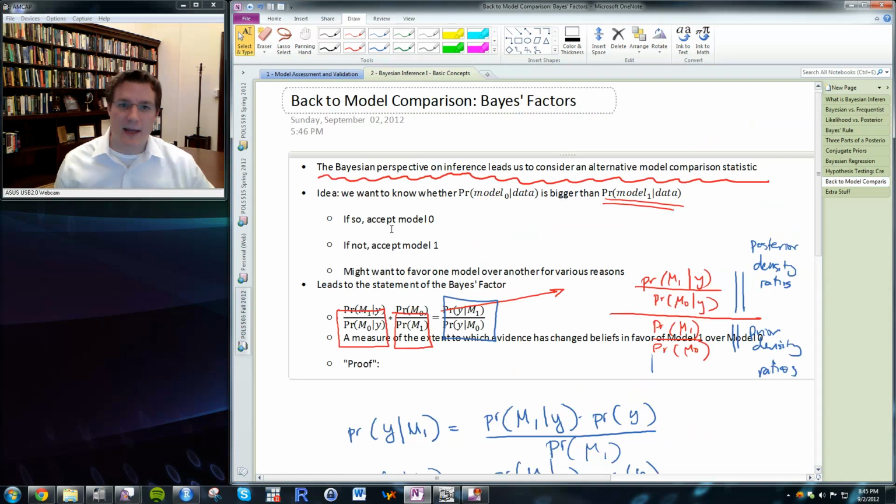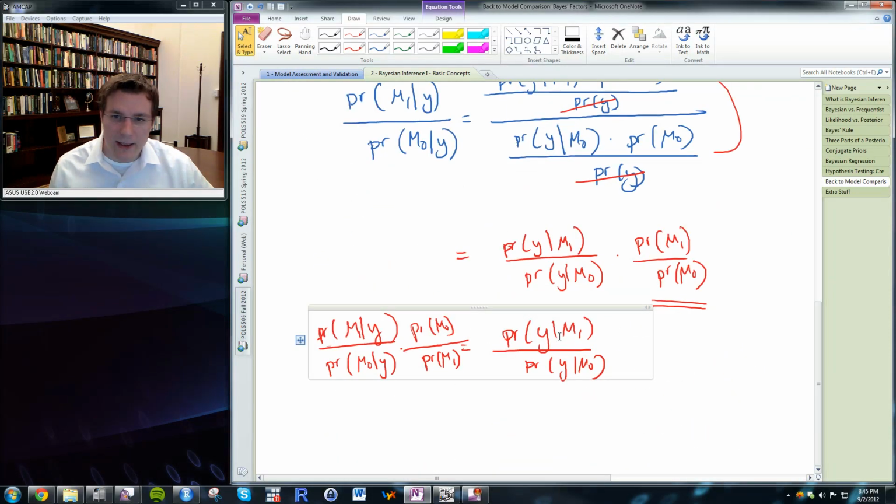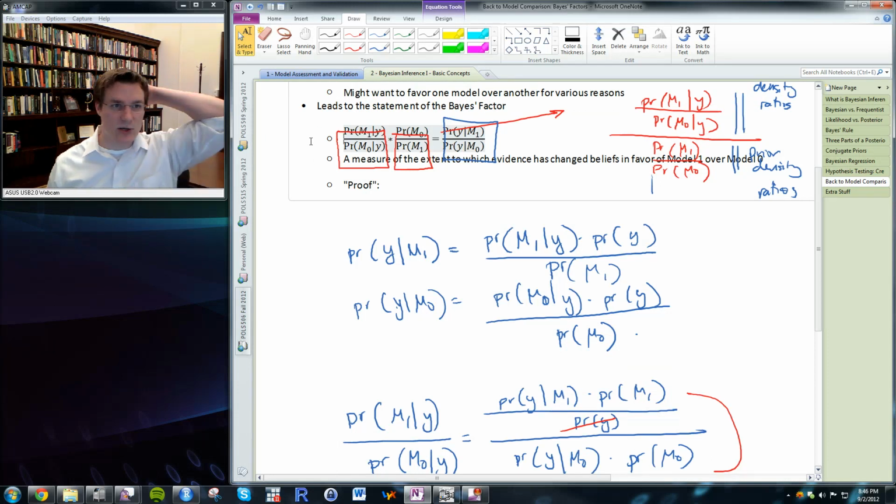And that is what we have right here. So Pr(y given M1) divided by Pr(y given M0) is equal to this Bayes factor ratio that we're interested in.